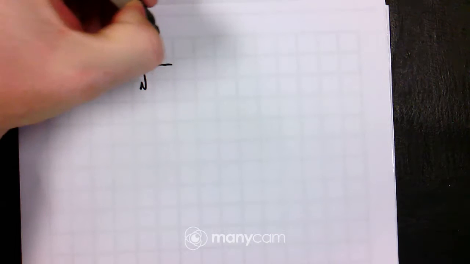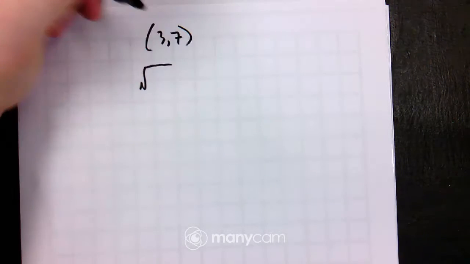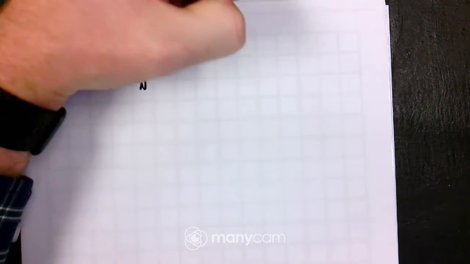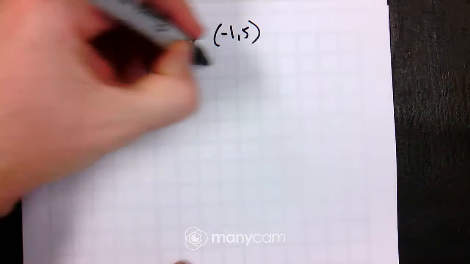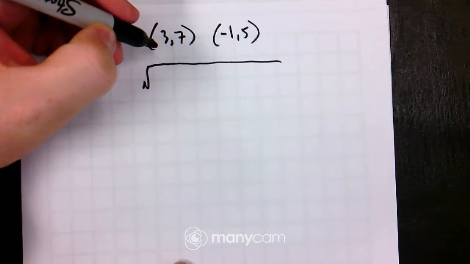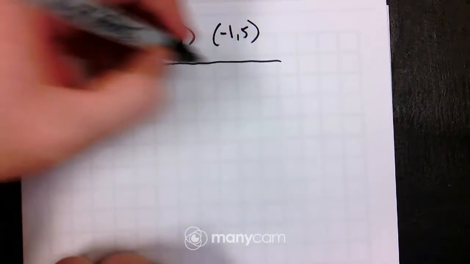Okay, number 5, it's going back to what you already know. Find the distance between the 2 points. So I'll do a quick example. We have the point 3, 7, and we have negative 1, 5. I'm going to find the distance, and it doesn't really matter whether x or y goes on the left because you're adding.